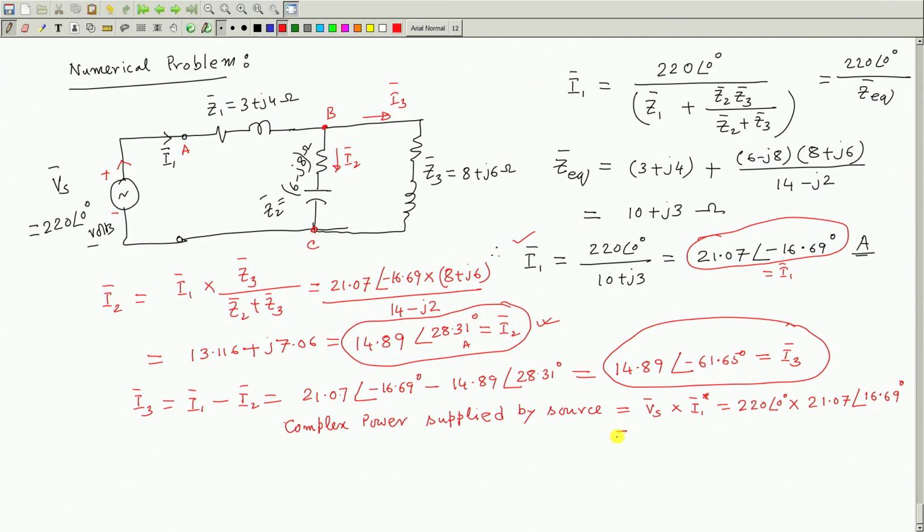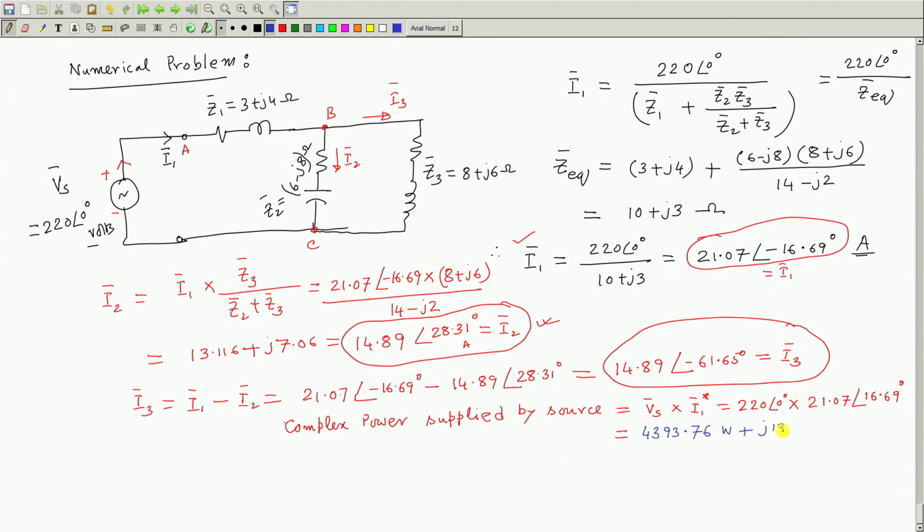If you calculate it, its real part will be something like 4393.76, real part, so much watt, plus the reactive part will be J 1331.25, so much volt ampere reactive.